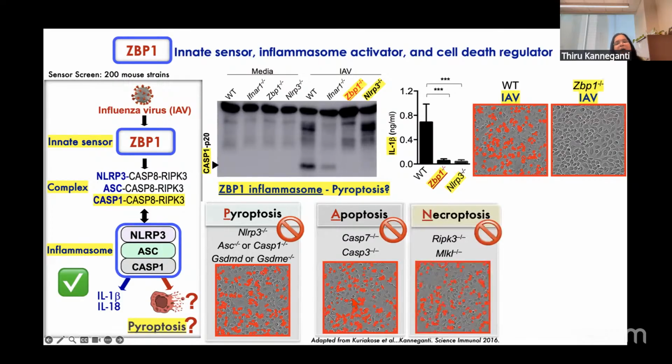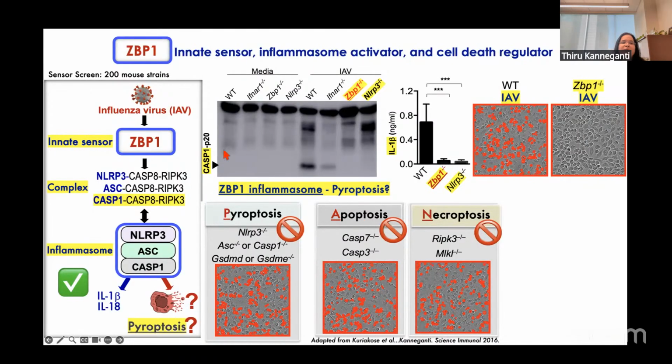And then we also asked if RIPK3 and MLKL are involved. Our data showed, and other data also, that deletion of MLKL does not provide protection. That means it is not necroptosis. And RIPK3 provides partial protection, and if you use an increased dose or in a time-dependent fashion, even RIPK3 deficiency leads to this inflammatory cell death.